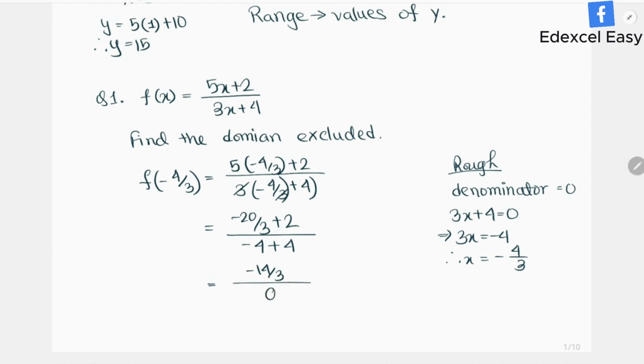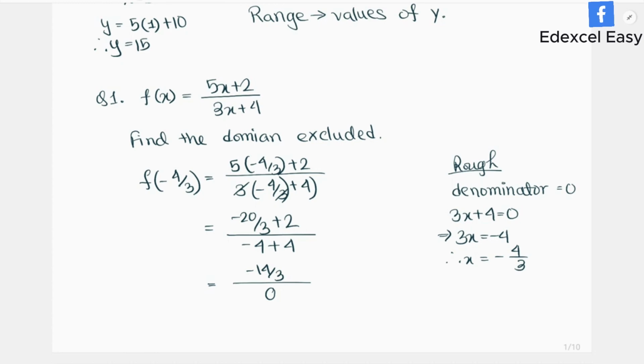Whenever a fraction is divided by 0, it eventually gives a math error or syntax error. Your calculator will show that this is not possible to calculate at this point. This is an undefined calculation. So your entire equation becomes an error only because of the value x equals minus 4 by 3, which indicates that for this equation, the value of x could be any number except for minus 4 by 3.